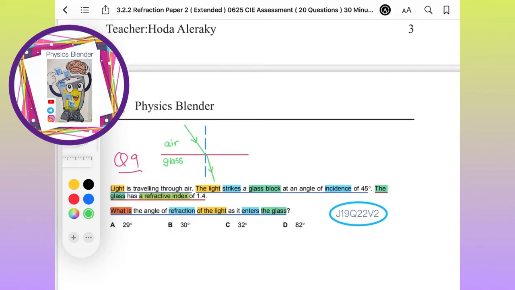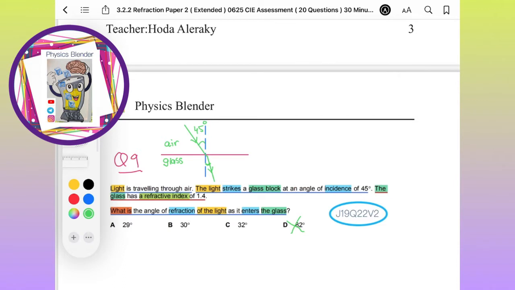So the angle of incidence is 45, and you have to calculate the numerical value of the angle of refraction, but for sure it's not 82 because it should be less than the angle of incidence.